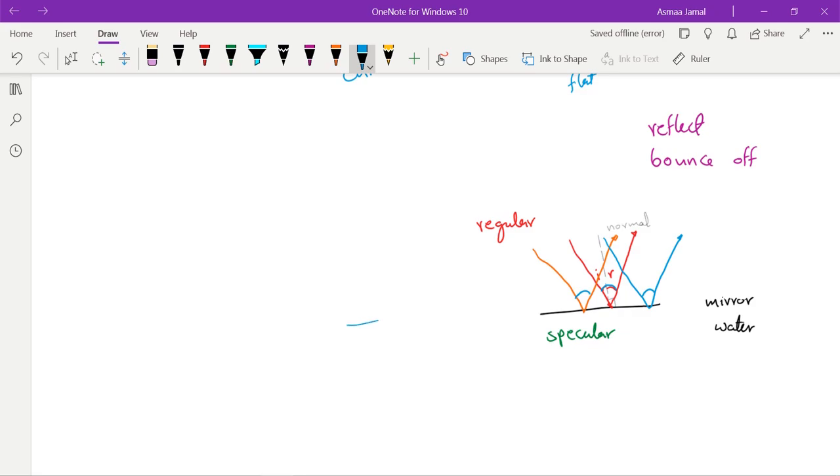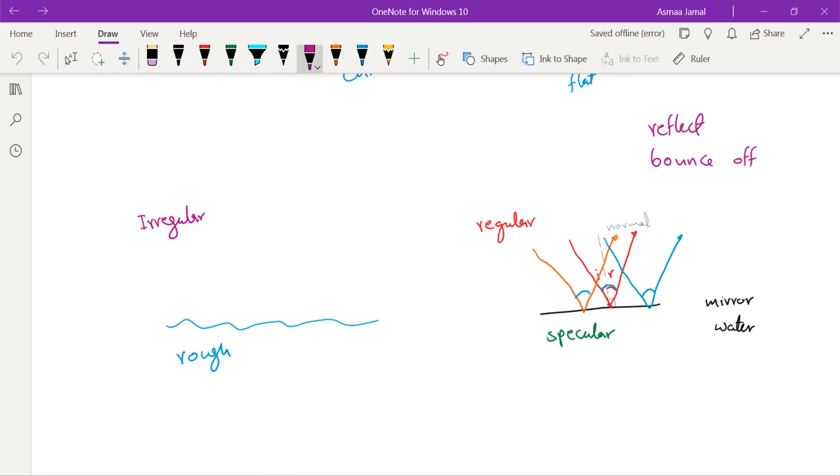If that surface was irregular, or we can say a rough surface, such as white paper, we also call it irregular. Unlike mirrors, most natural surfaces are rough, and cause the light to reflect in many different directions, irregularly or diffusely.